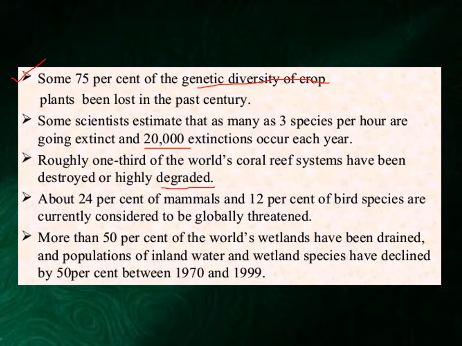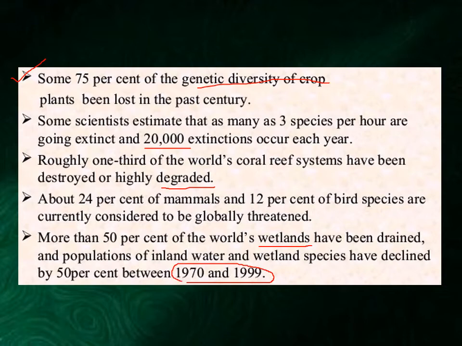More than 50% of the world's wetlands, that is an ecosystem, have been drained by intelligent human beings, and simultaneously the populations living in those wetlands have declined by 50% in only 20 years.